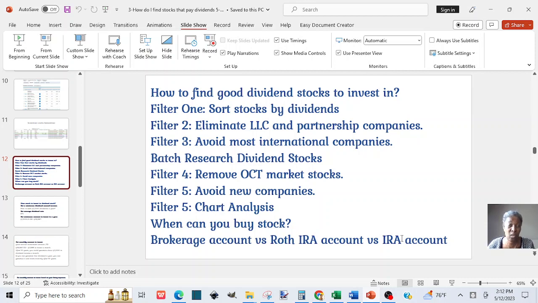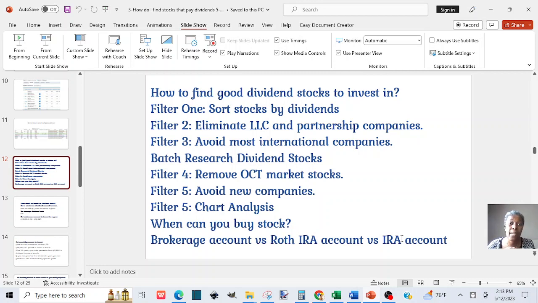A little bit about the Roth IRA. The Roth IRA, yeah, the equity build there is tax free, but if you are investing in LLC companies, the brokerage firm will file a tax return on your Roth for those companies that are LLC.